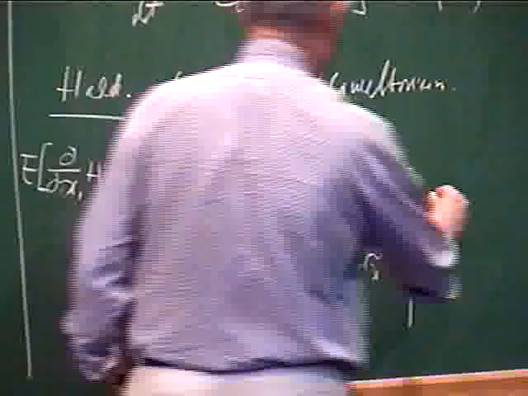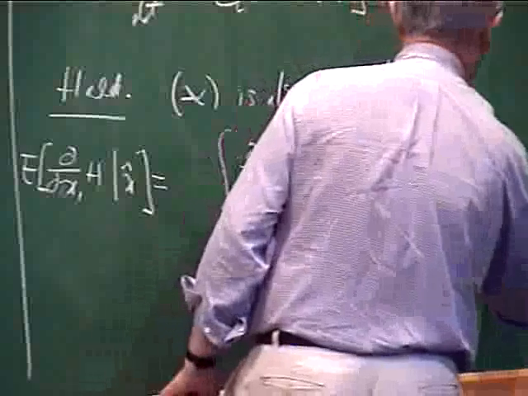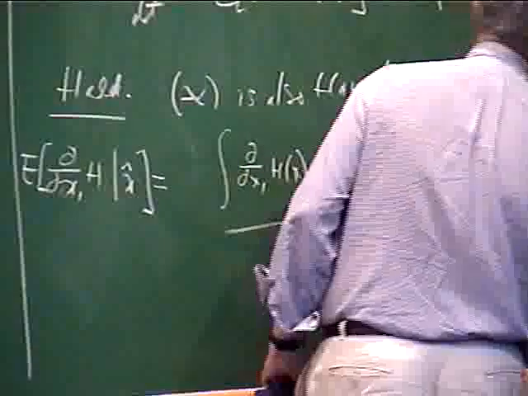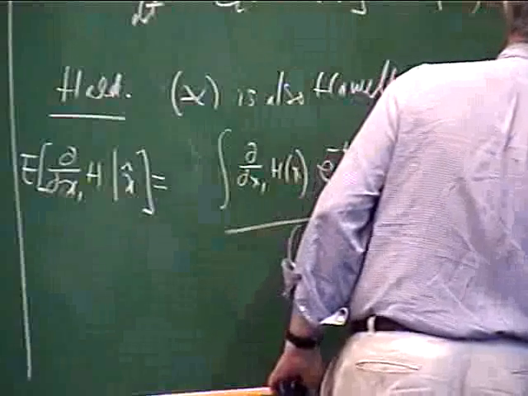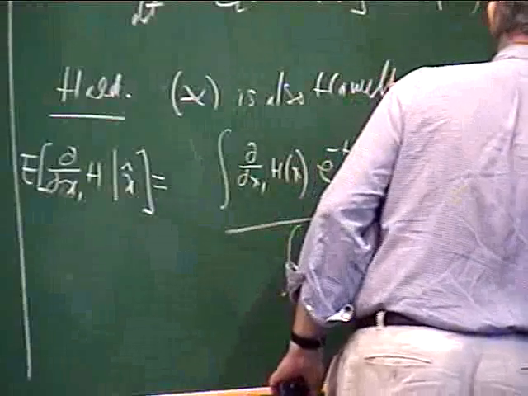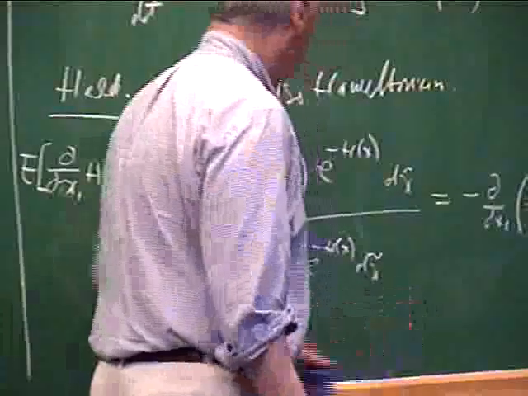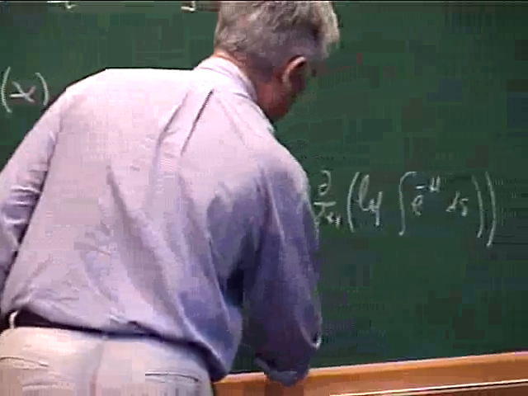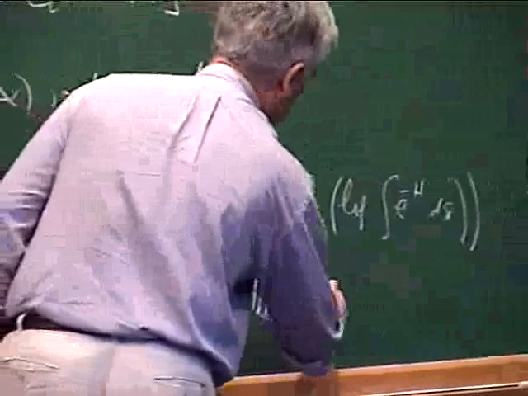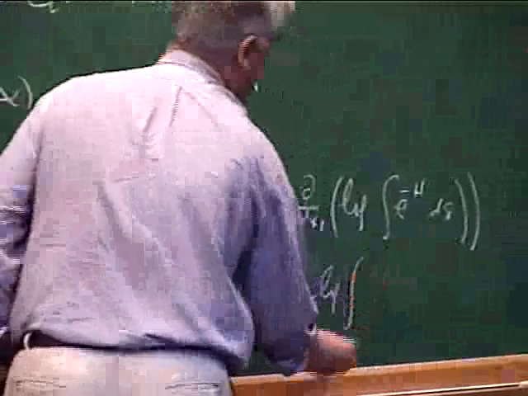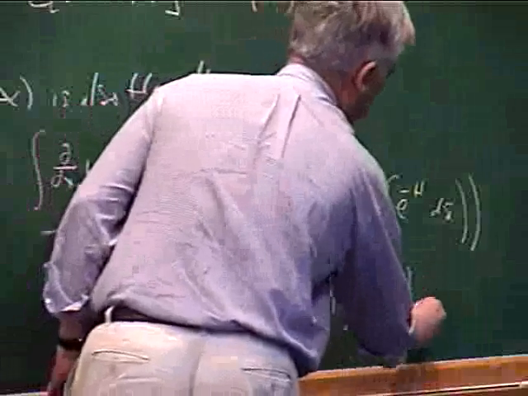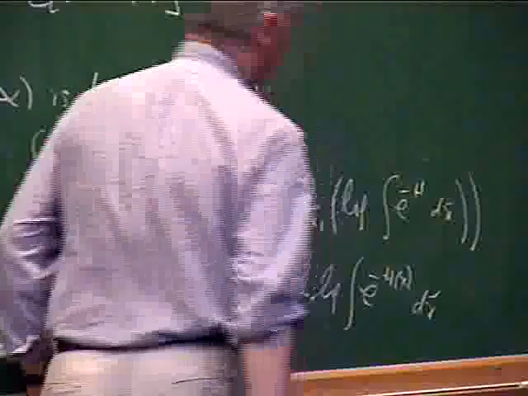And this is obviously equal to minus d over dx1 of log of the integral of e to the power minus h dx tilde. Okay, so this, and therefore the new reduced Hamiltonian is equal to minus the log of the integral of e to the power minus h, the old Hamiltonian, integrated over all the variables which you don't want to keep.